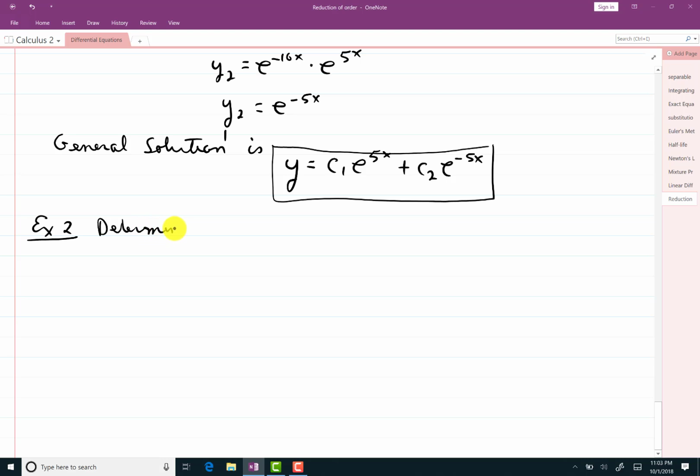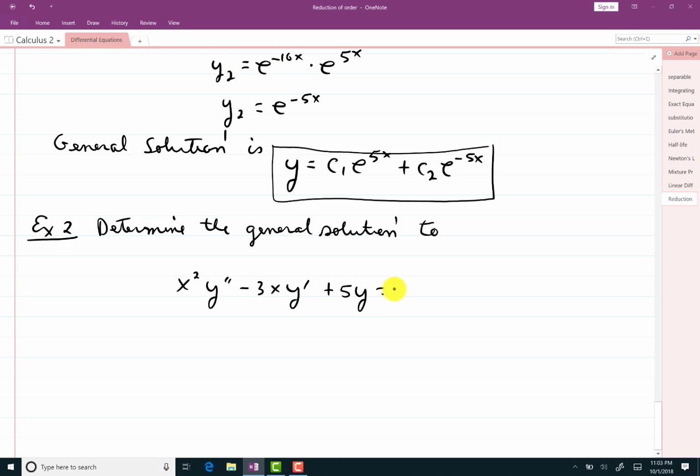Determine the general solution to x squared y double prime minus 3x y prime plus 5y equals 0, given that y1 equals x squared cosine of the natural logarithm of x is a solution.